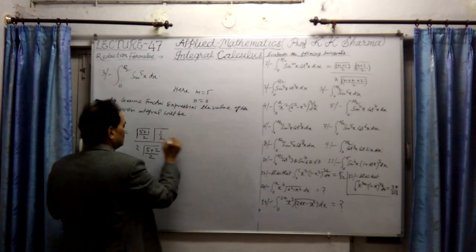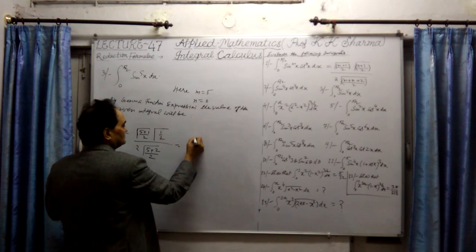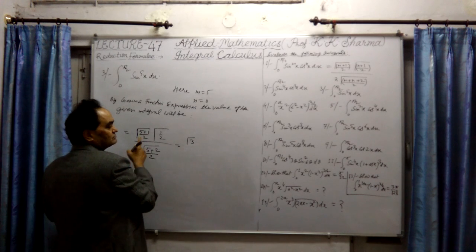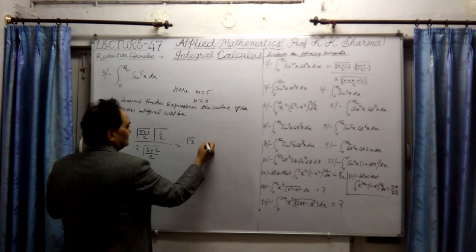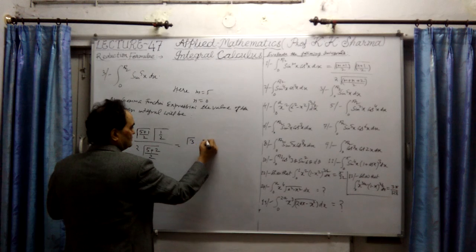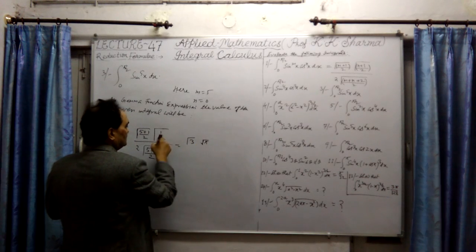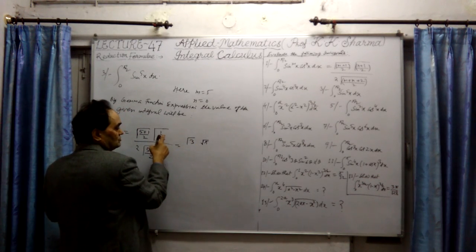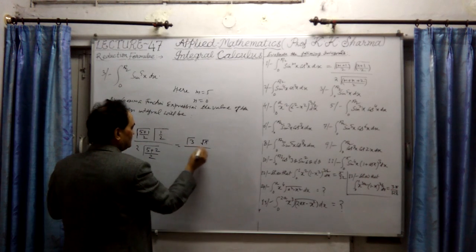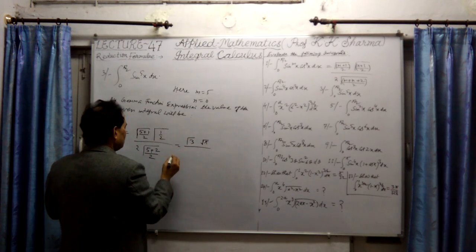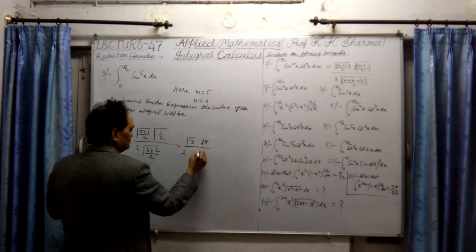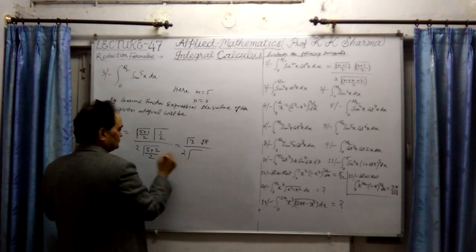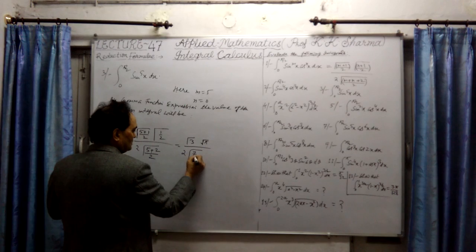In the numerator we have obtained 6 upon 2, that is gamma 3, 5 plus 1, 6 upon 2, 3. And this is under root pi, because gamma 1/2 is root pi, divided by factorial 2 only. In the denominator we have 2 factor to 7 upon 2, gamma 7 upon 2.